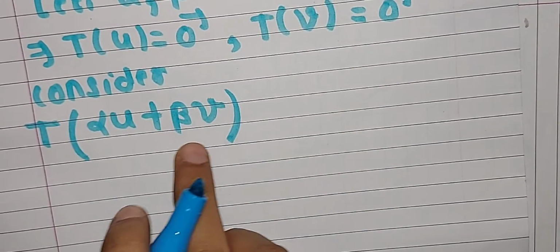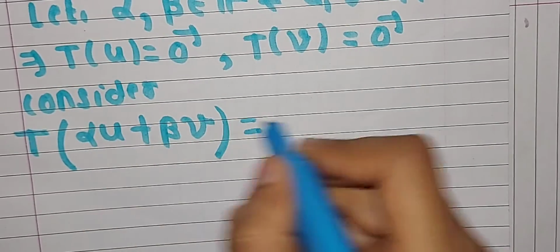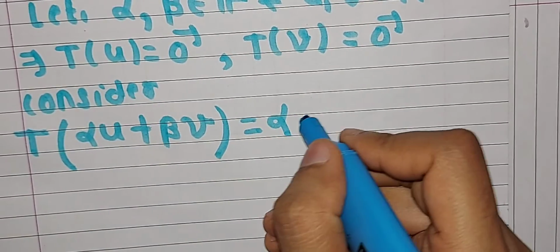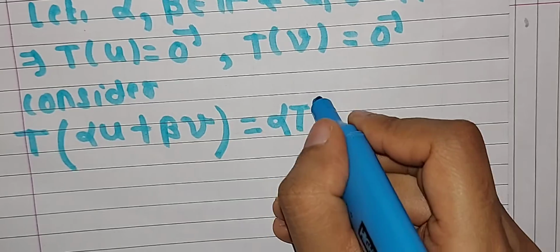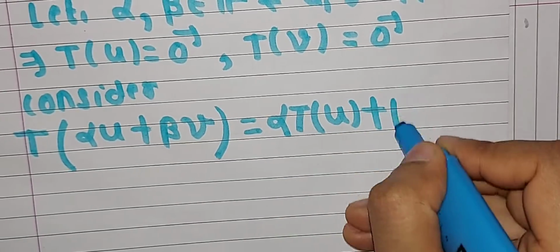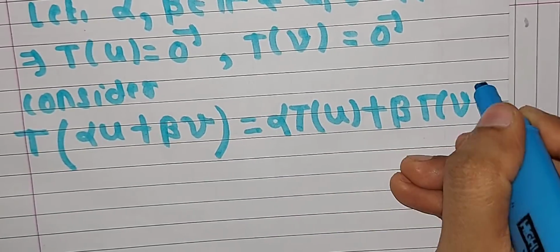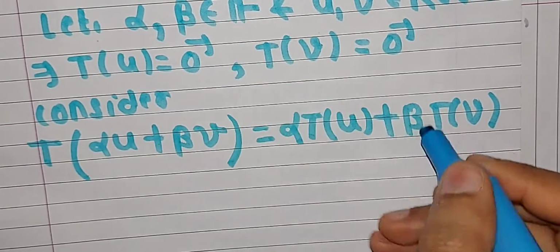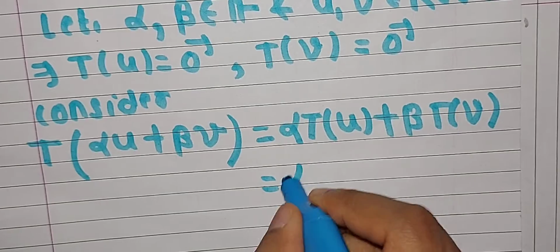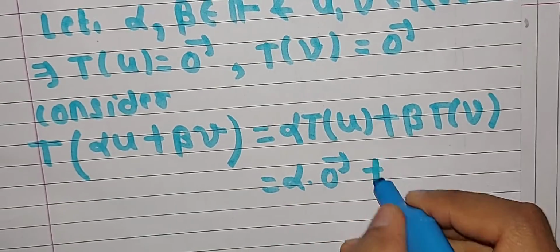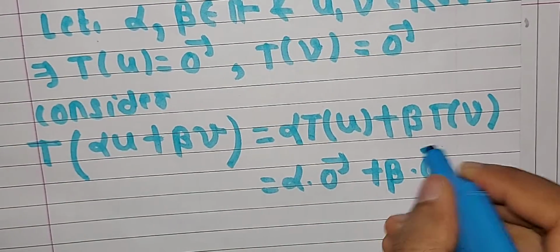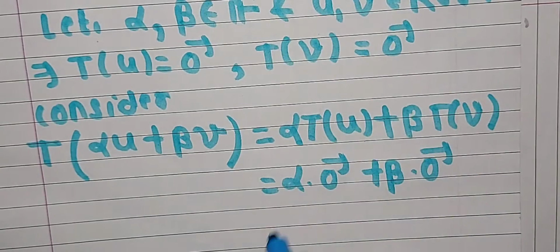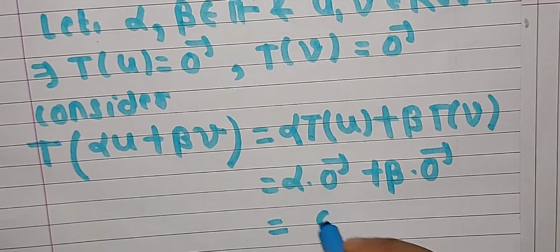So T of alpha u plus beta v is equal to, alpha is a number, therefore take it as common, alpha into T of u plus beta into T of v. As we have already observed that T of u equals 0 bar, replace this, alpha dot 0 bar plus beta into 0 bar, because T of v also equals 0 bar, then this will give us the answer 0.